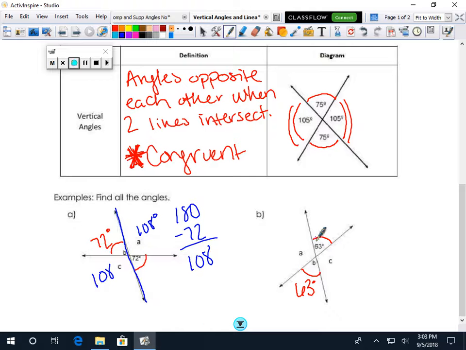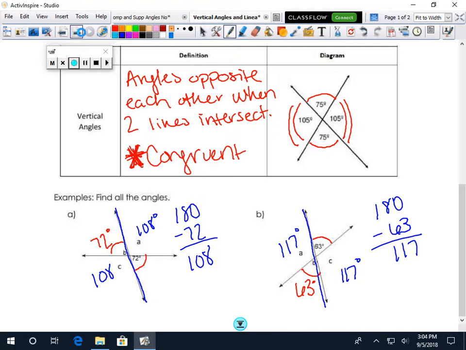Similar over here on example B, I have a straight line. 63 degrees and A make a straight line, 180, or a linear pair. So 180 minus 63 would give me 117. So angle A and angle C are 117 degrees.